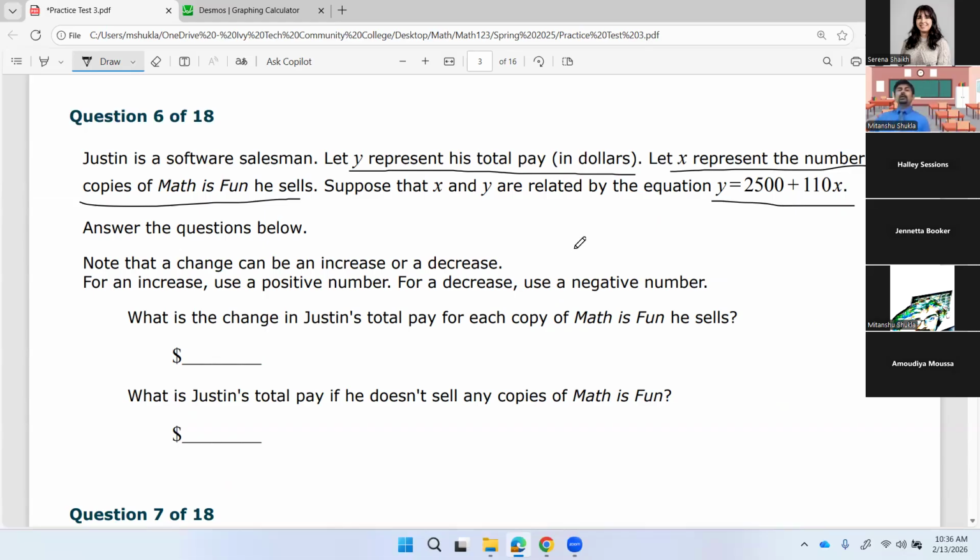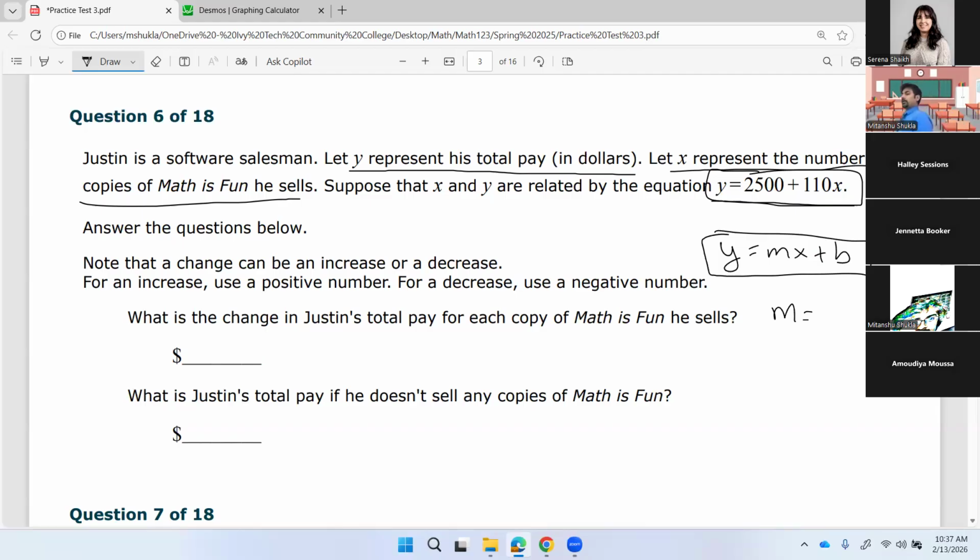So every line looks like Y is equal to MX plus B. What is our M in our case here? Would that be the 2,500? What is interesting about the M? What do we know about the M? Does it look like it's behaving like it should in our skeleton equation here? How should our M behave?